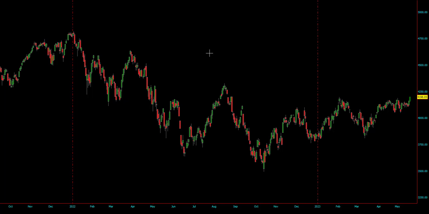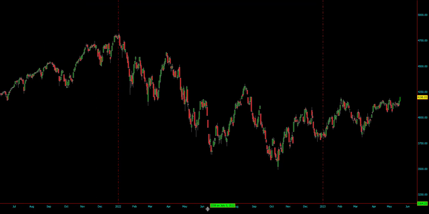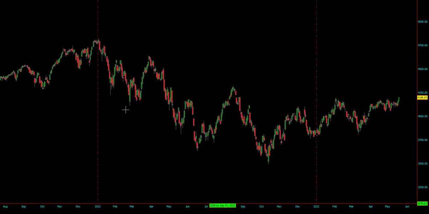Vibration model, one of dozens of timing modules, and this is the SPX chart on a daily basis. This is the entire year 2022, and the market is going up and down as you can see.